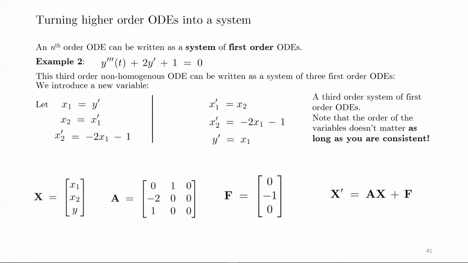And then I can solve this system, written in matrix form here, using these matrix methods that we learned in the last 2 classes by finding the eigenvalues and eigenvectors of this coefficient matrix A, and then also finding a particular solution using the method of undetermined coefficients.